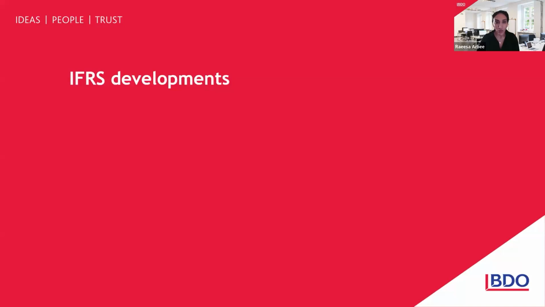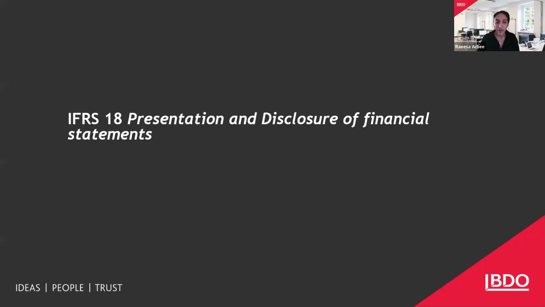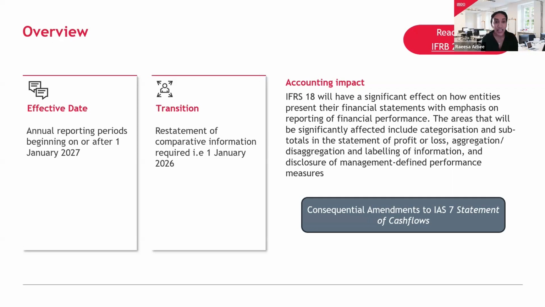Okay, so then we'll start off with IFRS and specifically IFRS 18. IFRS 18 is a brand new standard on presentation and disclosure of financial statements that was released in April of this year, and it replaces the existing standard on presentation, which is IAS 1, which I think a lot of people are fairly familiar with.